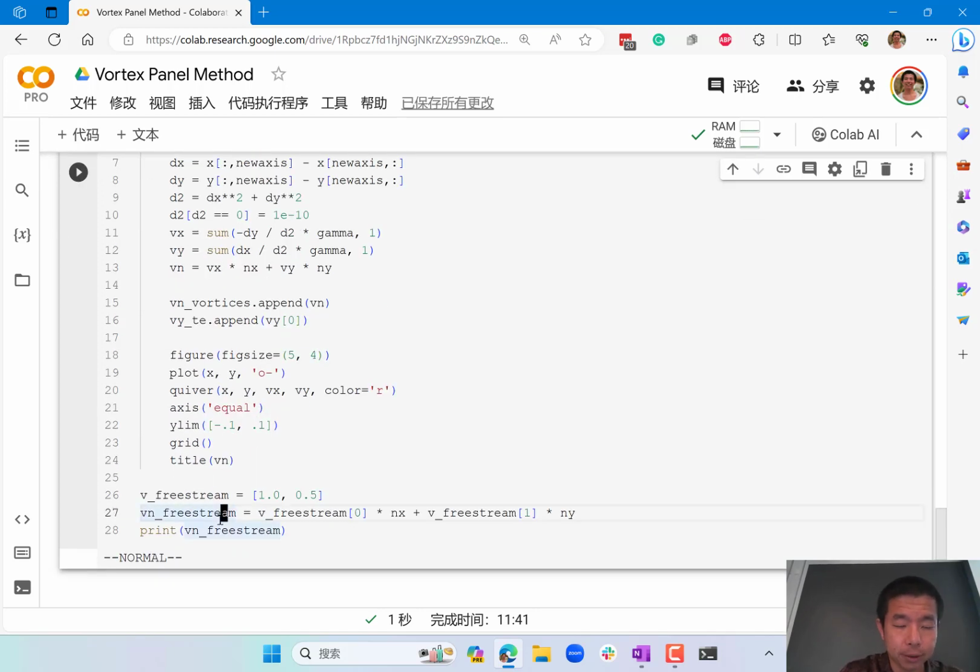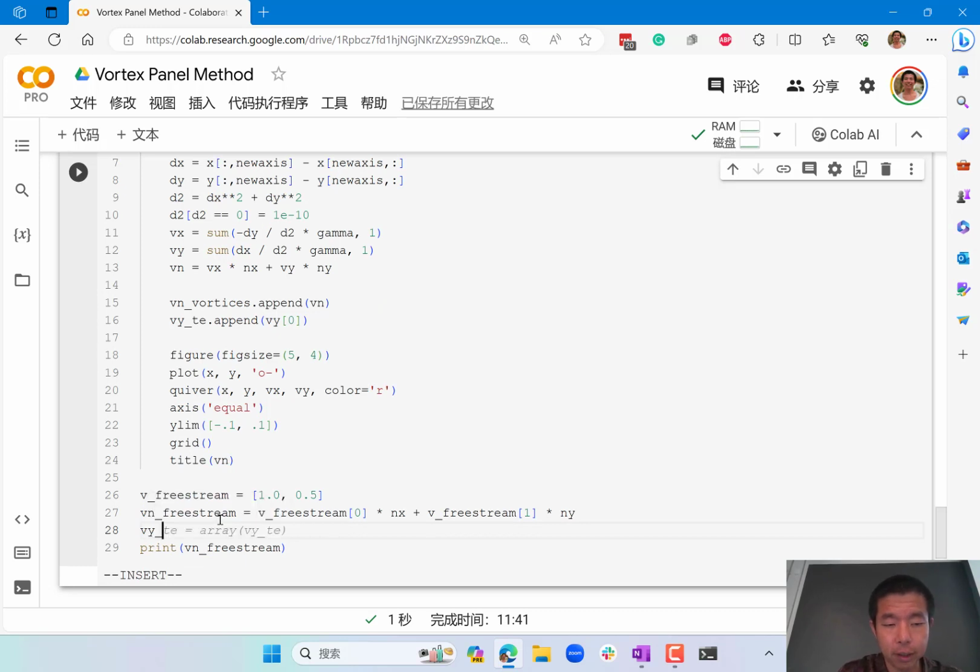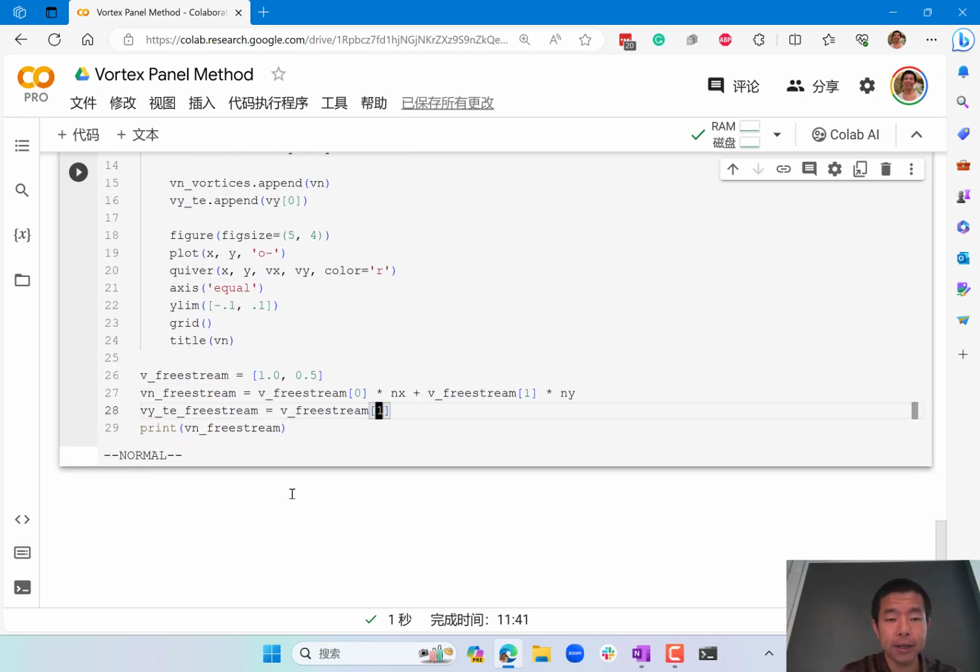And I'm also going to say Vy free stream at the trailing edge is equal to just the first component, the 0.5. That's the free stream contribution to the y velocity at the trailing edge. So that gives me another equation.